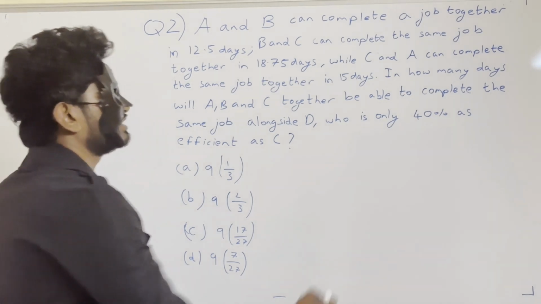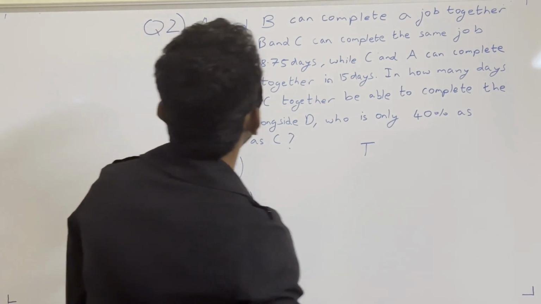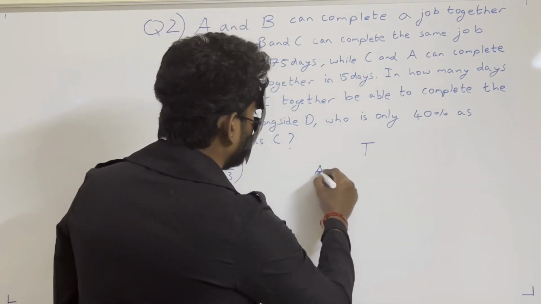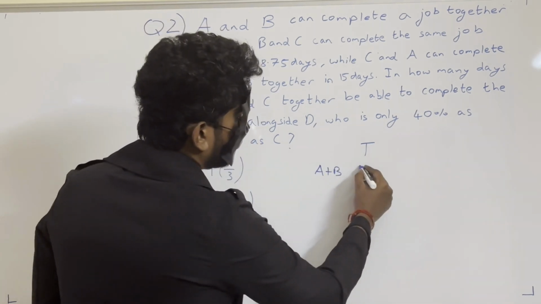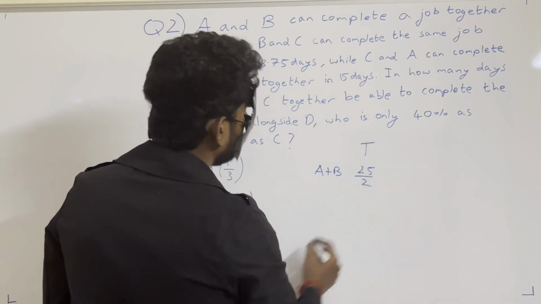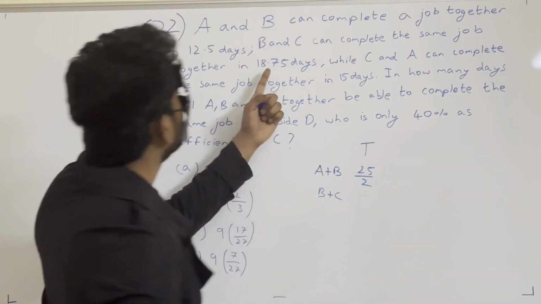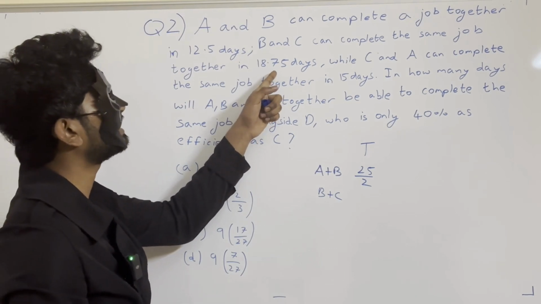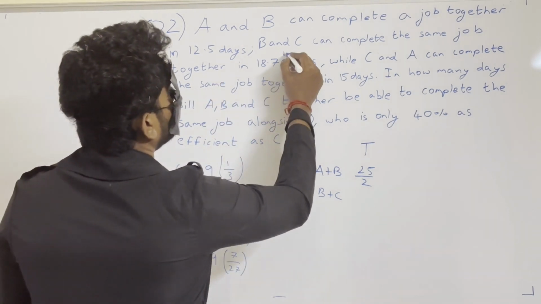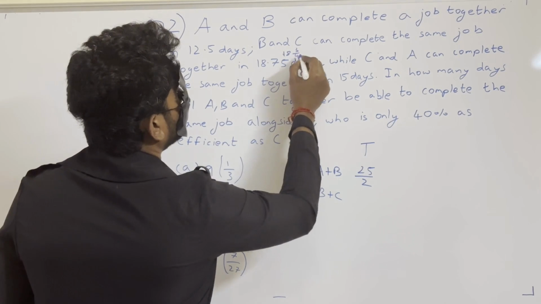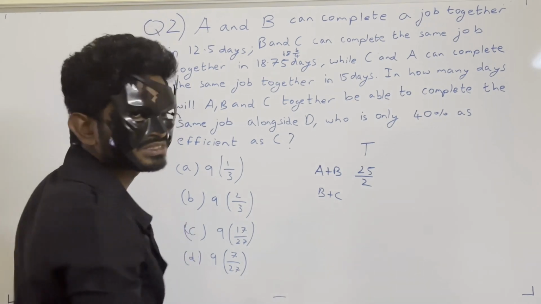So here first we will write timelines. Time taken by A and B is given as 12.5 days, so I will write it as 25 by 2. Time taken by B and C is 18.75; 0.75 I can write as 3 by 4, so 18 3 by 4, which is 18 into 4 plus 3, that is 75 by 4.